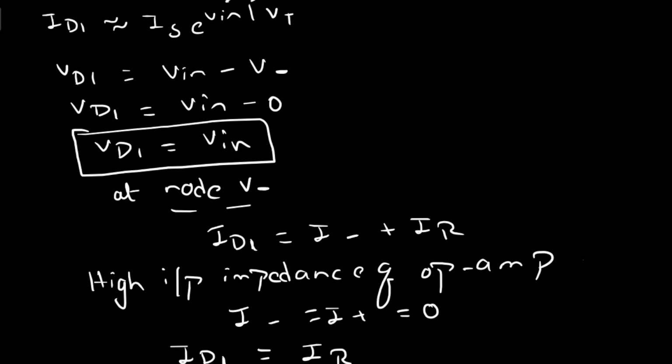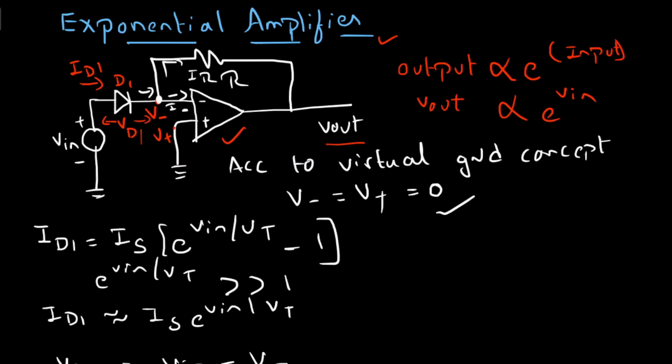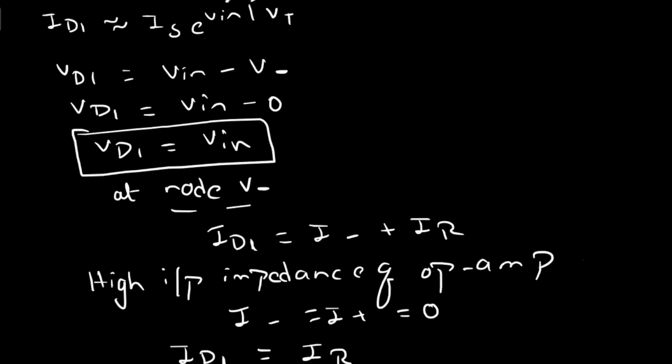Okay. Now, what is IR? What is meant by IR? IR is nothing but current flow into the resistor. So, you have to determine the IR here. So, here IR equals to V minus minus V out by R. Okay.